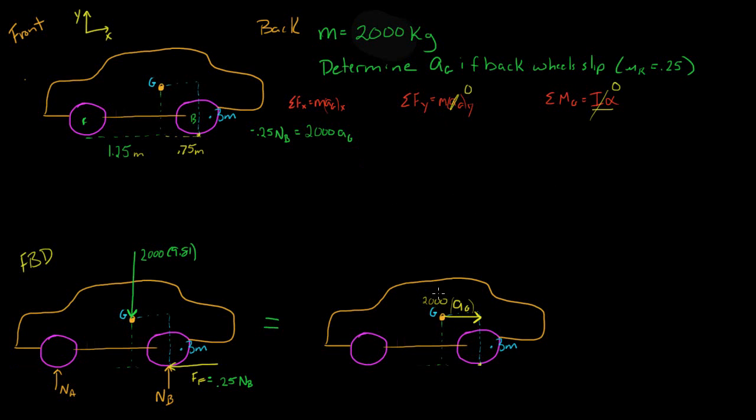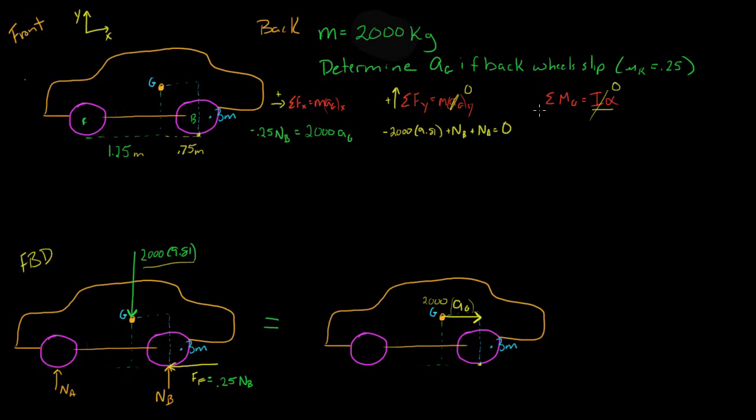Now, if I look at the sum of the forces in the y, let's call that positive and this way positive, I'm going to have a minus 2,000 times 9.81. That's the weight right here, plus a normal force at B, plus my normal force at A, is equal to 0. So my normal forces are right here and right here.